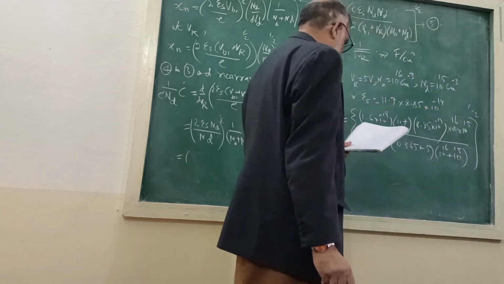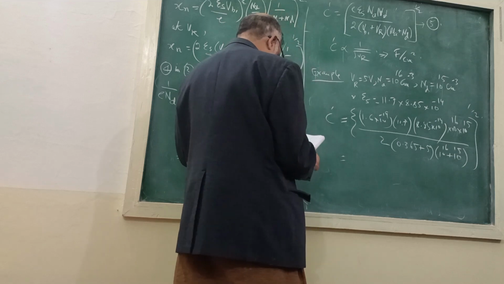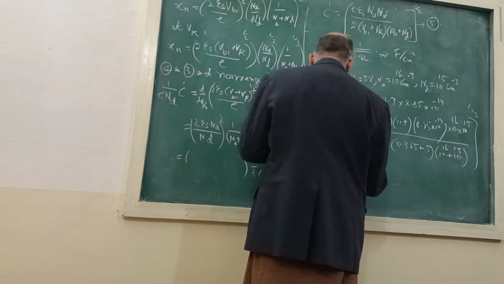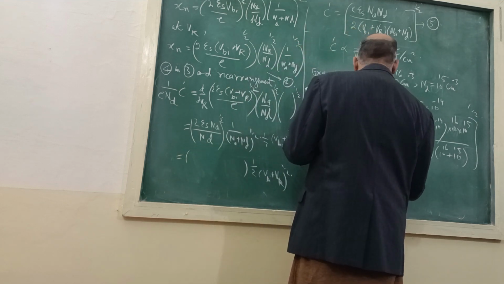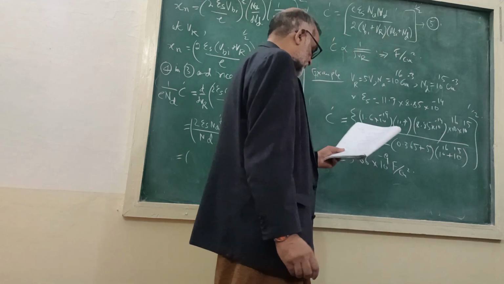So this gives us the value 3.66 times 10 to the power minus 9 farad per centimeter square.